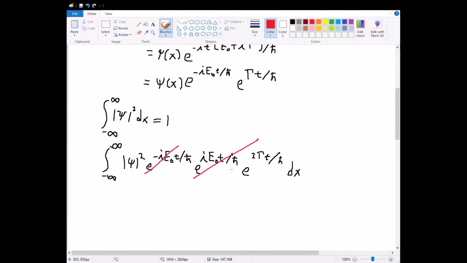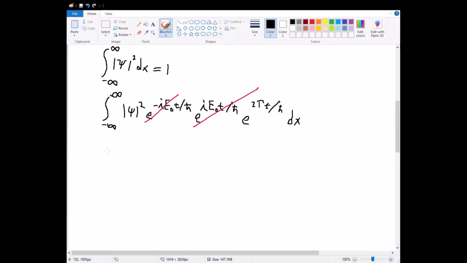These two cancel out instantly because they are the same power of e, just with a different sign. So this becomes the integral from negative infinity to positive infinity of little psi squared, times e to the 2 tau times time divided by h bar.